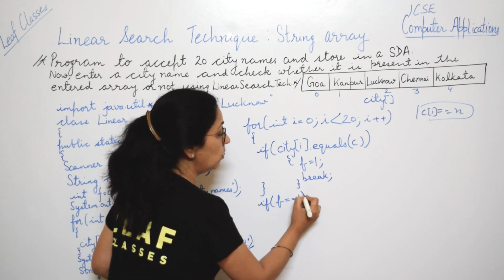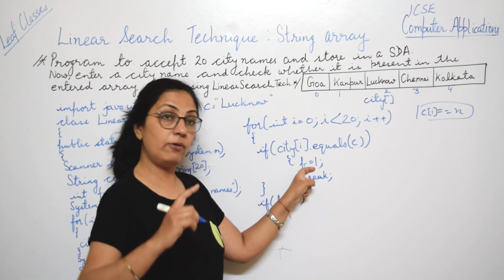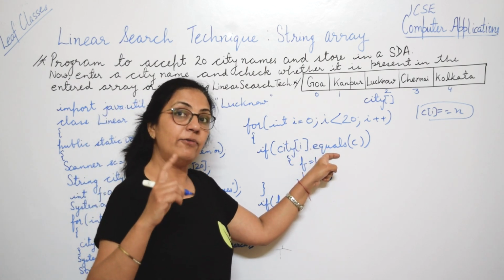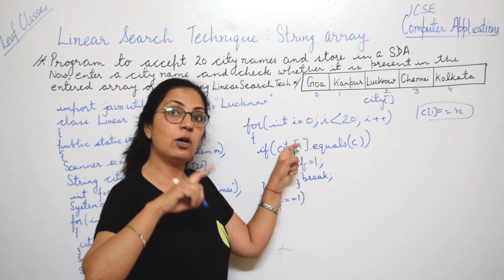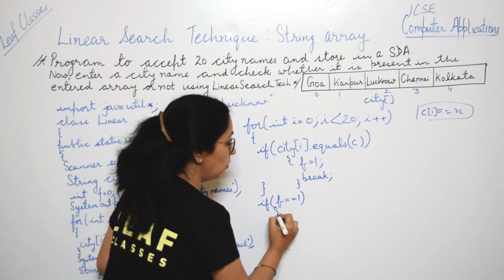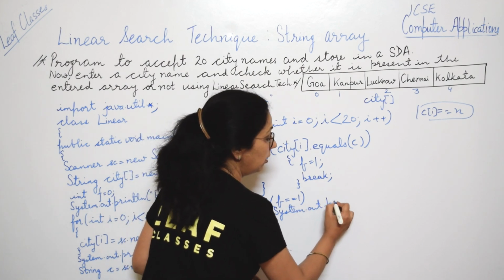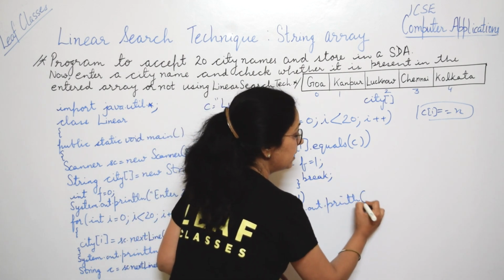So after completion of this, the flag will tell us if f equals 1. We made the value of f as 1 when this condition was true, when we got the element in the array. So if f equals 1, you will print System.out.println search successful.